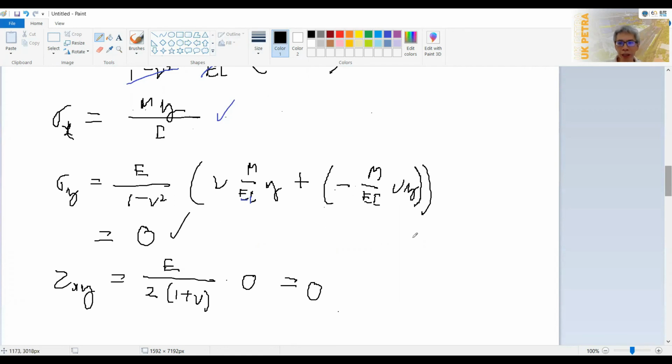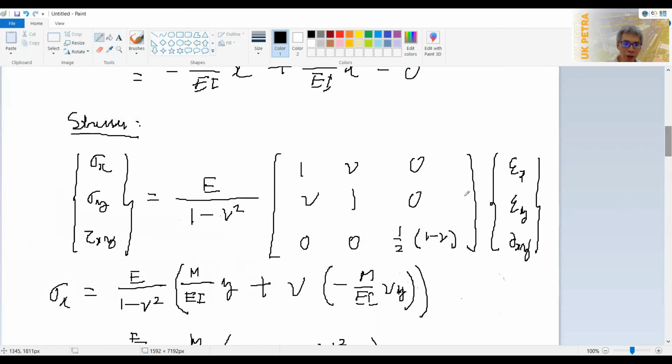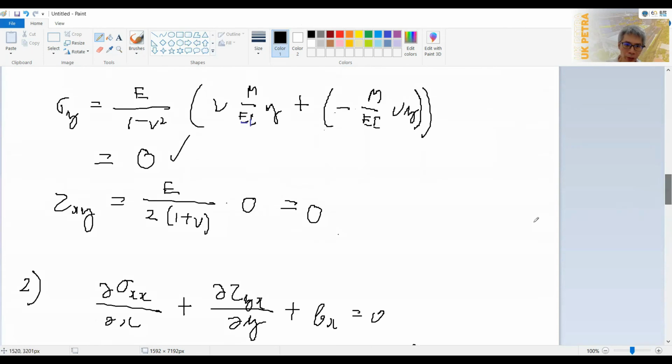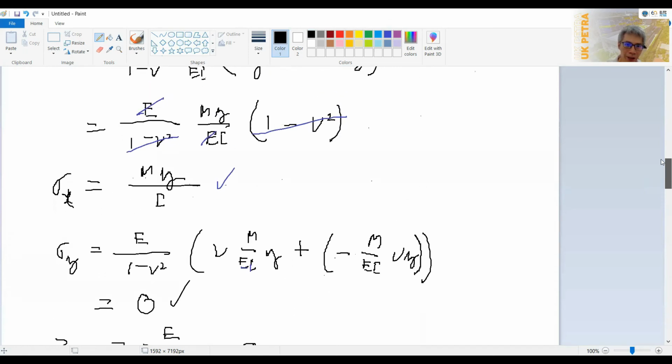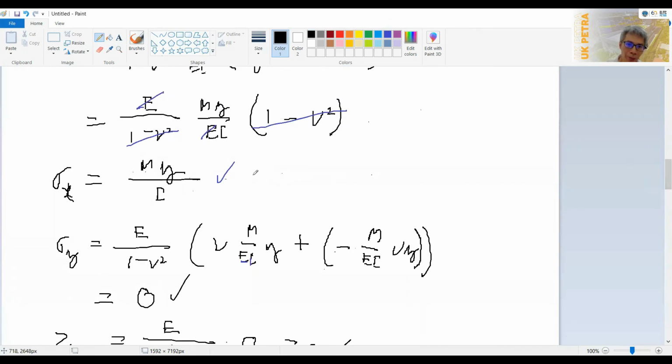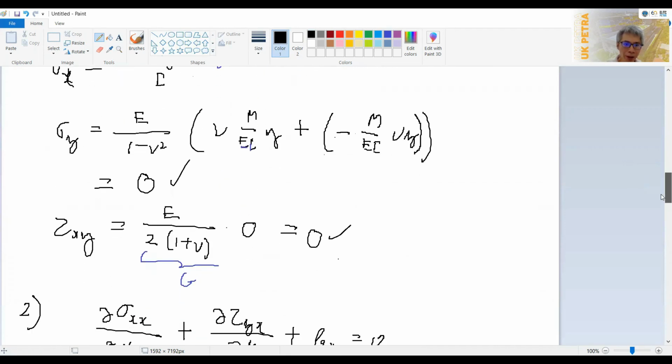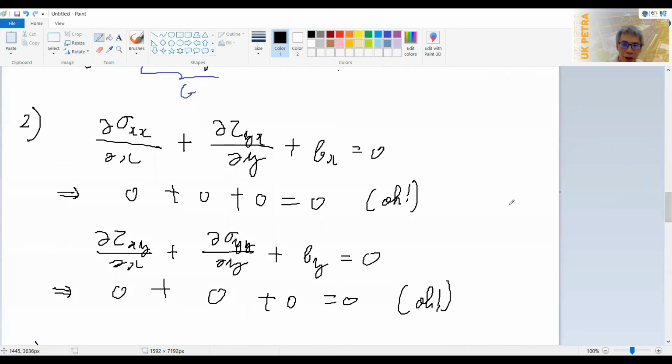And then lastly, we can see from the matrix that the shearing stress, tau xy, is related to the shearing strain by this one. We know that this is the shear modulus, right? So it's 0. So the only non-zero stress is sigma x, and this is in agreement with the classical beam theory for calculating the stress. Well, let's now proceed to the second question in the slide.